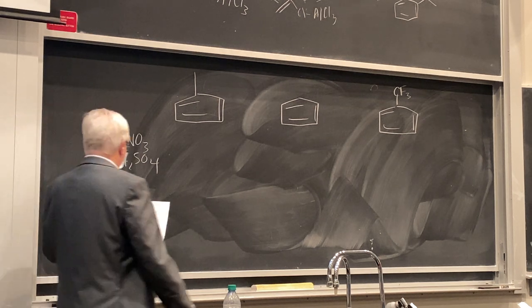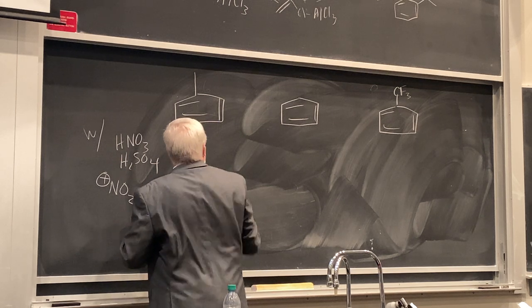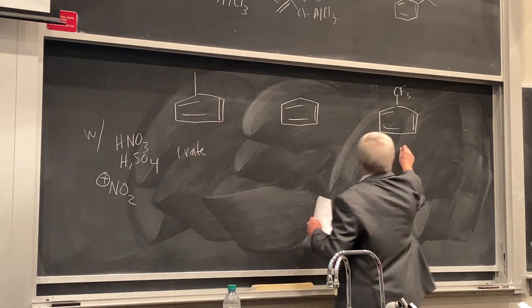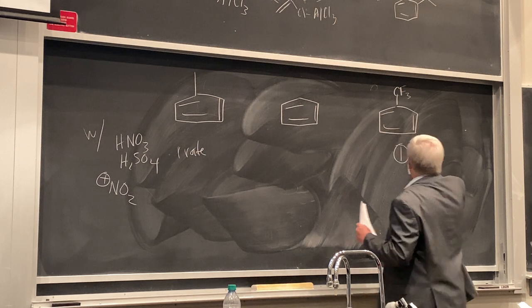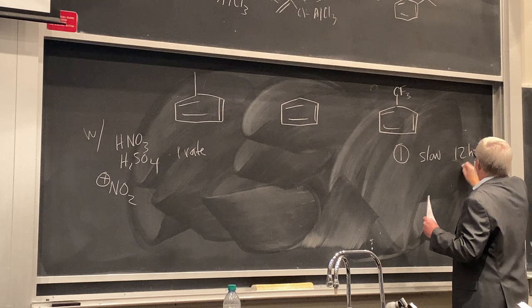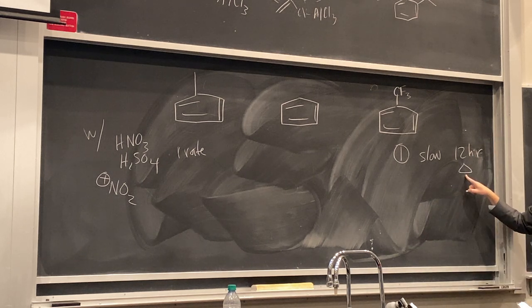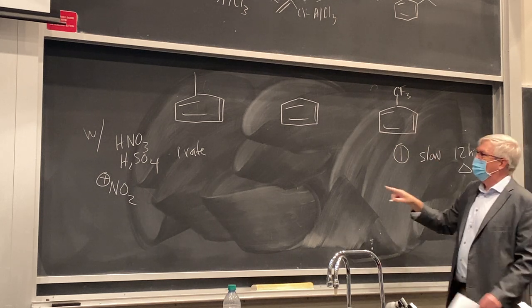And let's see, the relative rate. The relative rate here is normalized to 1. This is the slowest one. This will take 12 hours at 120 degrees. You have to heat that up a lot to get this one to go in a reasonable time.